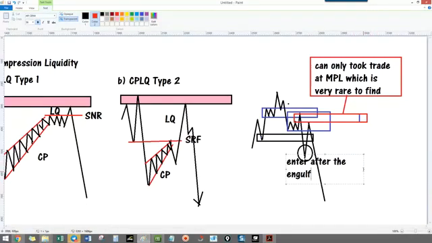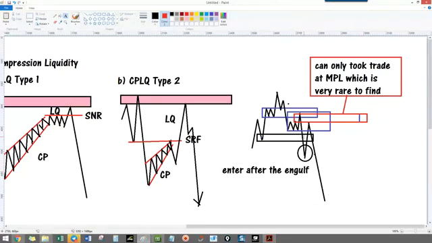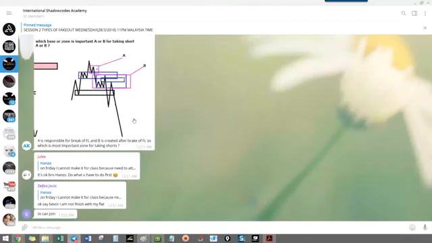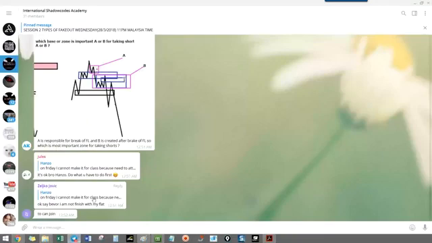Right. So you need the engulf first here, and then you can enter. Okay, something like that. Because this is not the thing that I teach, but I also learned this from Mr. Mansour. So that's it. You need to enter after the engulf. Okay, this one.